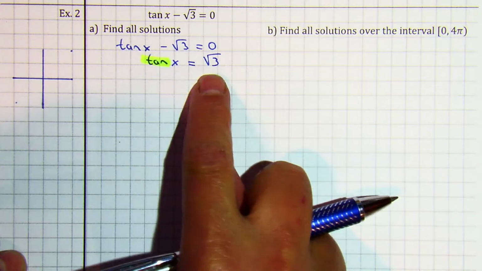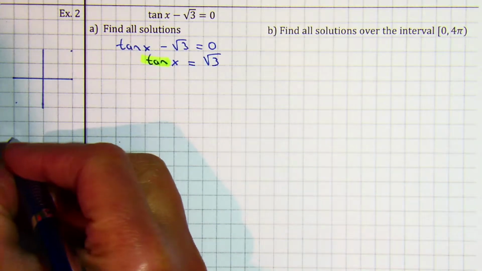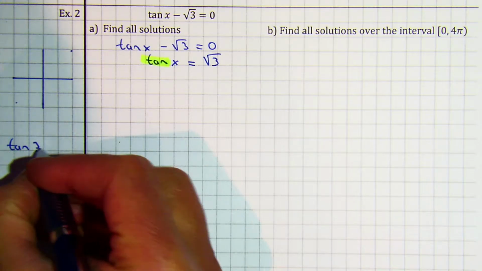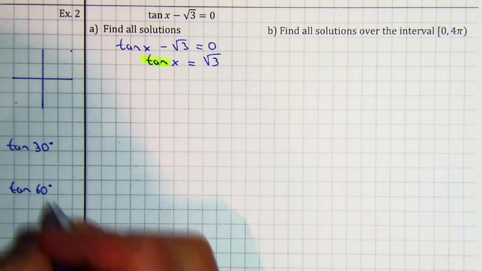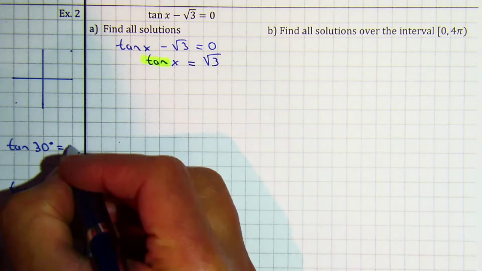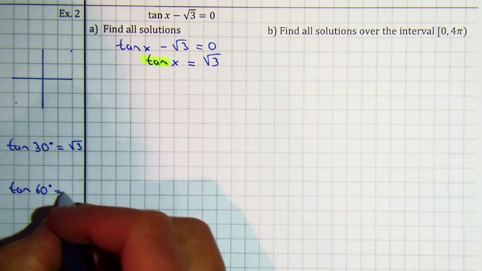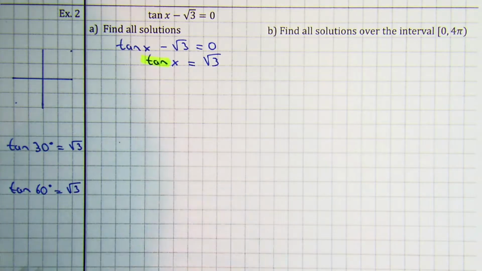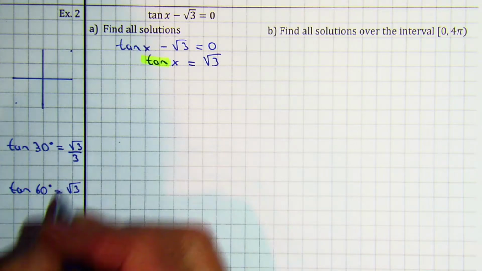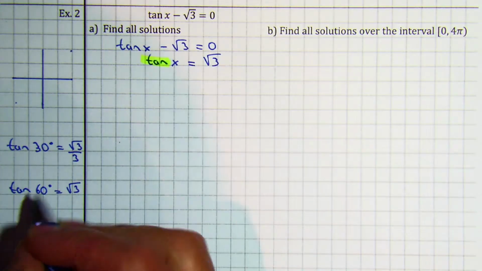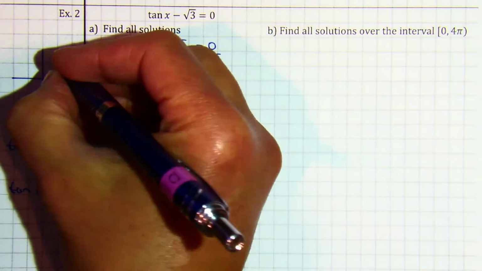Now, have you memorized your tangents? We know that the tangent of 30 degrees versus your tangent of 60 degrees, I know that both of them are square root of 3. Which one gets the division by 3? The smaller one. So therefore, this is tangent of 60, so it will be my 60-degree reference angle.